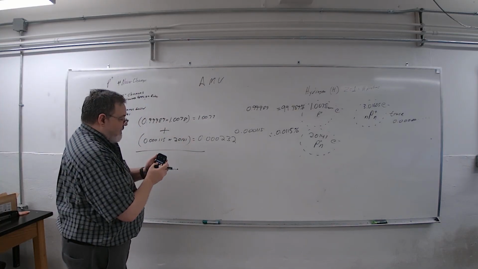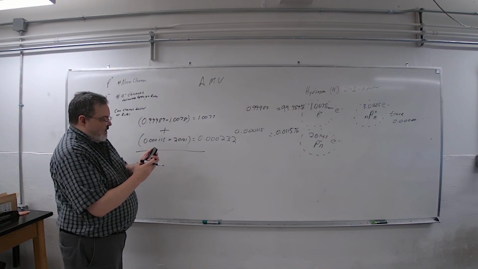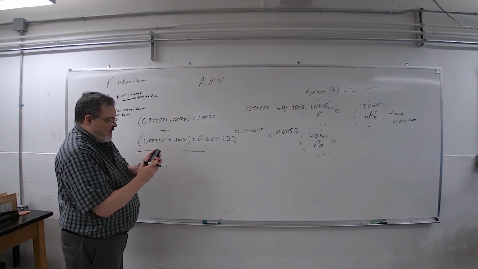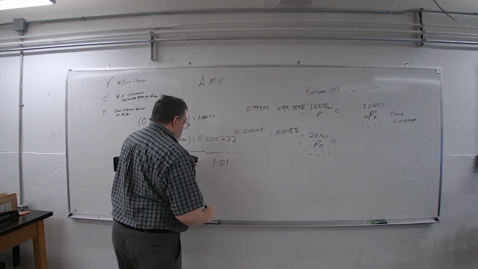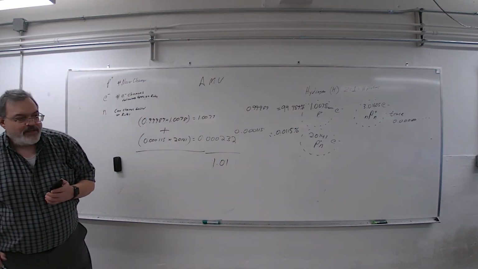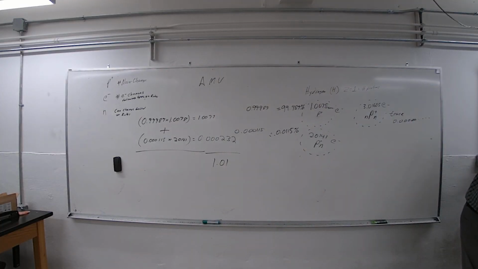Add these two together. If you add those up, you get 1.01. And that's what you see on the periodic table. 1.01. So what that is, is a weighted average.